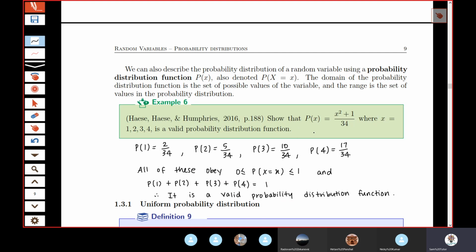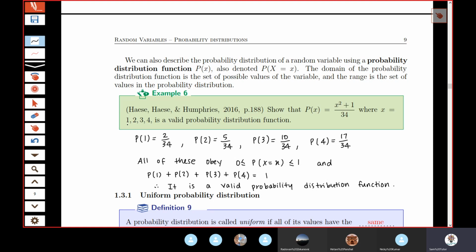This one says show that this p of x, this polynomial or function, where x is 1, 2, 3 and 4, is actually a valid probability distribution function. Well, we know there were two conditions. As we find the sum of these probabilities, they must equal 1, and each probability must be between 0 and 1. So let's have a look. When we sub in 1 into here, you get 2 out of 34.